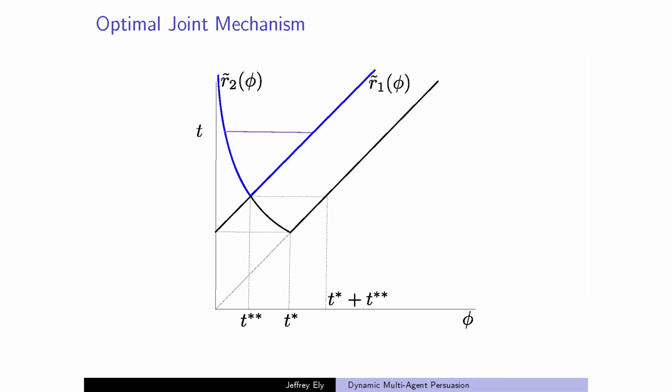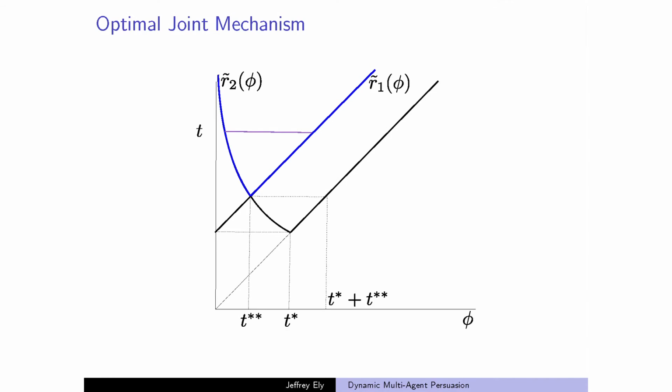What is the principal getting here? He's getting t star plus t double star for free, and then a random time at which the second agent runs. What is the distribution of that random time at which the second agent runs? It's exponential with parameter lambda, because it's either on this branch or on this branch, but each of these are exponential distributions with parameter lambda.